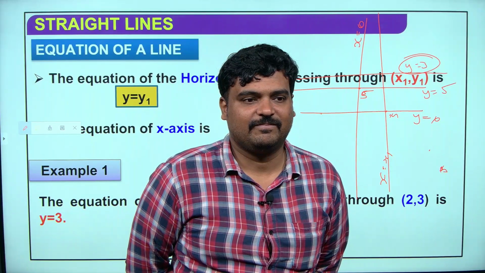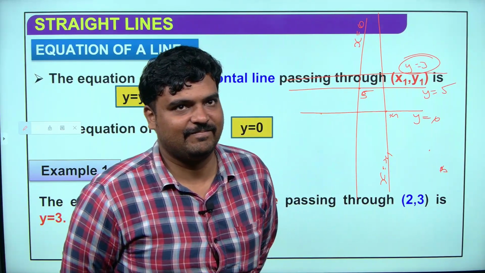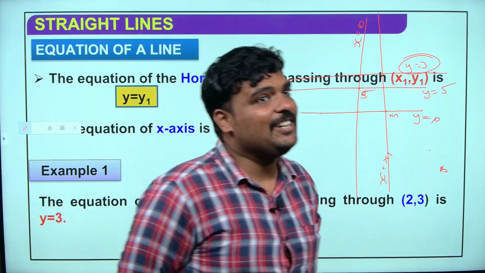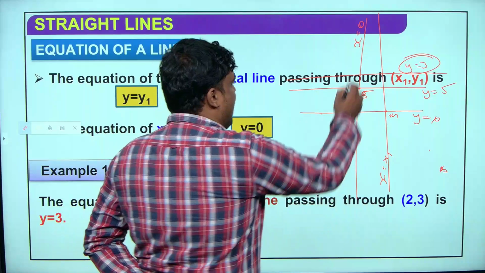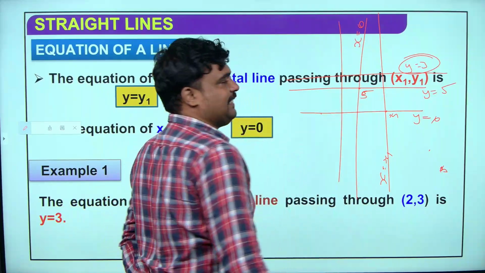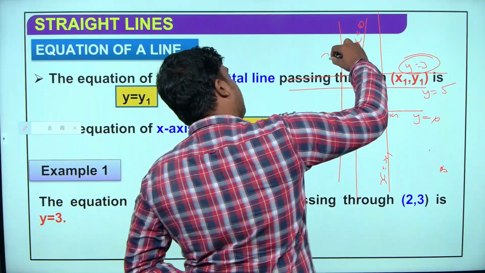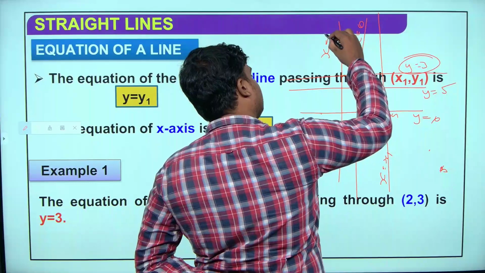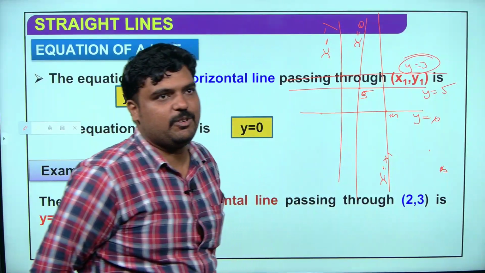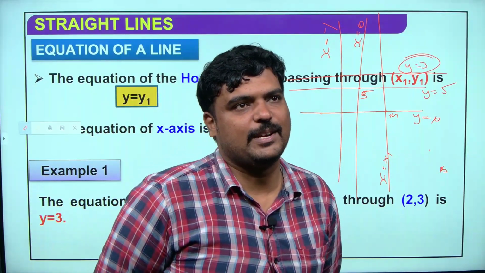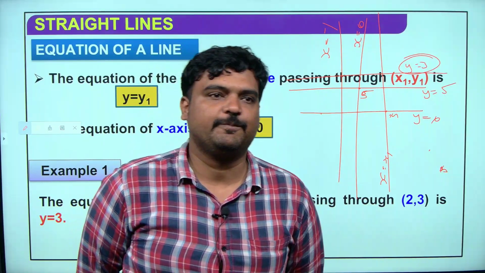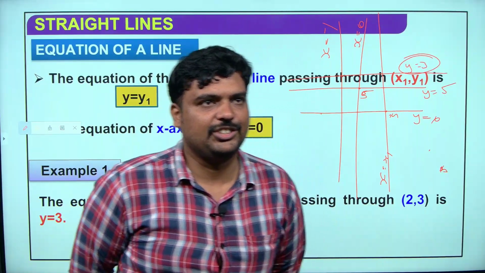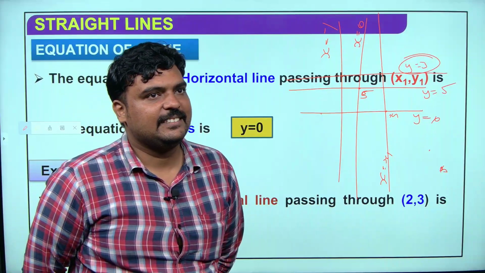Parallel to y-axis, right? So parallel to y-axis means this line is like this. So I can write x is equal to -1, or we can write x plus 1 equal to 0. Are you clear in this, guys?